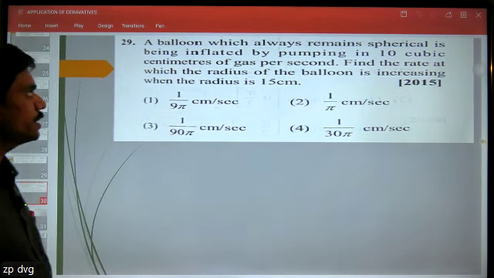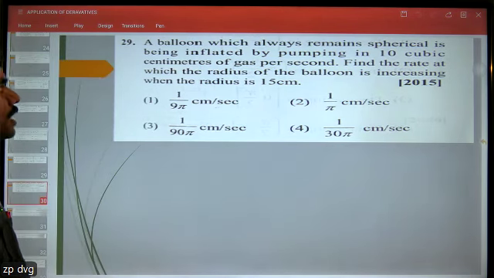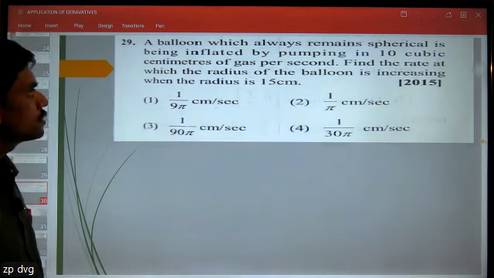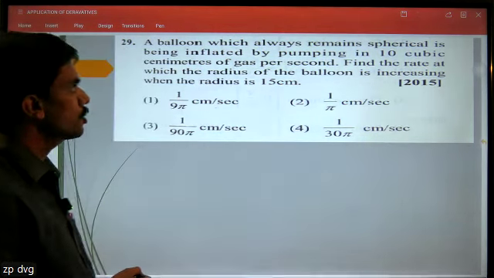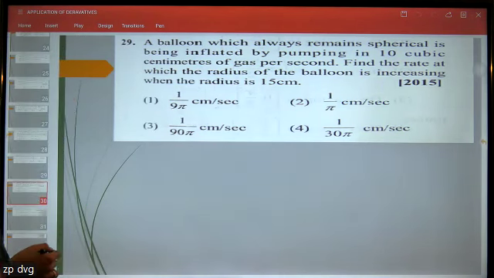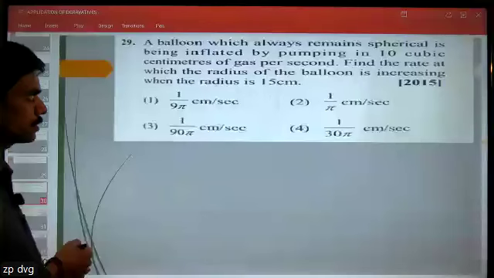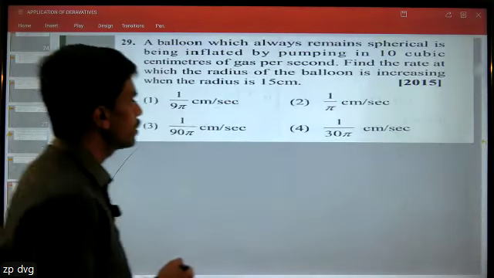So here we have to find the value of dr by dt, the rate of change of radius with respect to time. Okay. So what they are given? dV by dt is given, that is 10 cubic centimeters of gas per second. And also they are given the value of r, that is radius, 15 centimeter.